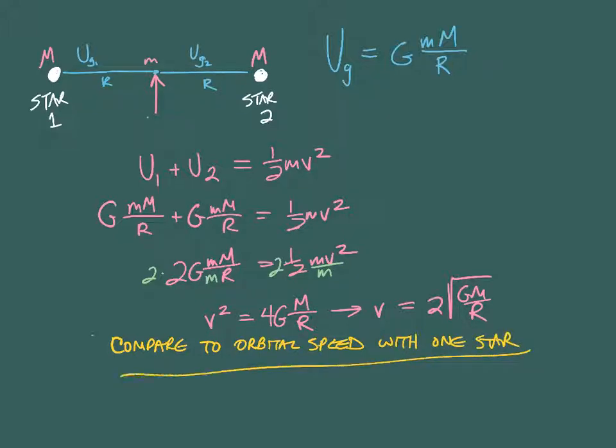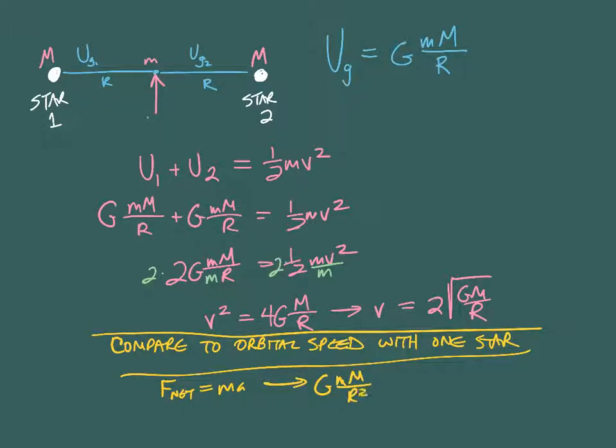So if there was just one star to maintain that radius with, we would have the net force equals ma, which means Newton's gravity, G big M little m over r squared, would equal mass times centripetal acceleration.